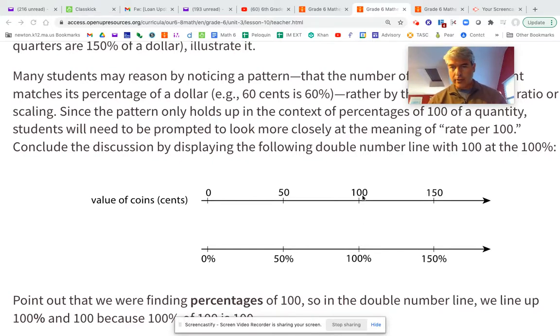There are 100 cents per 100 cents, or per dollar, for example. 50% would be as if we had 50 cents, or 50 out of the 100 that represents 100%. So we can use double number lines to represent if we have more than that 100 or if we have less than that 100.